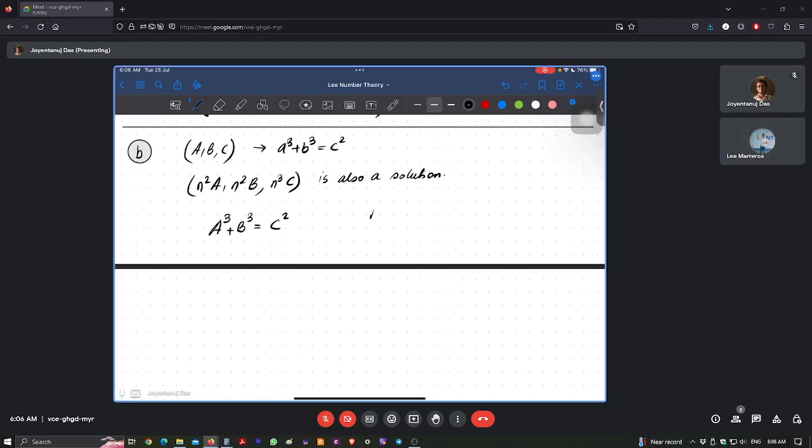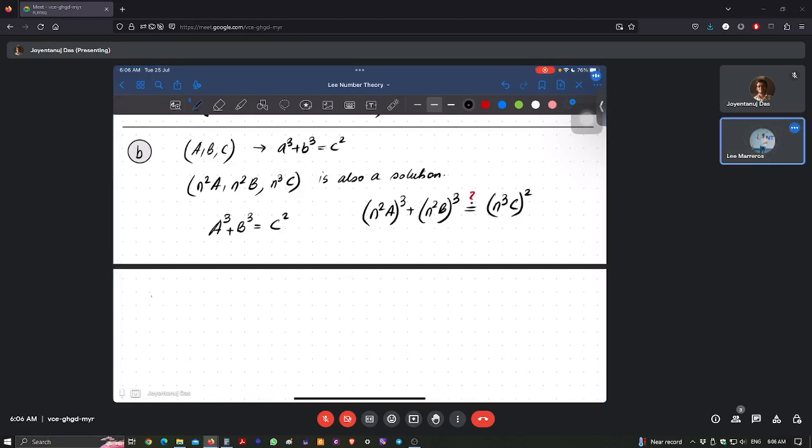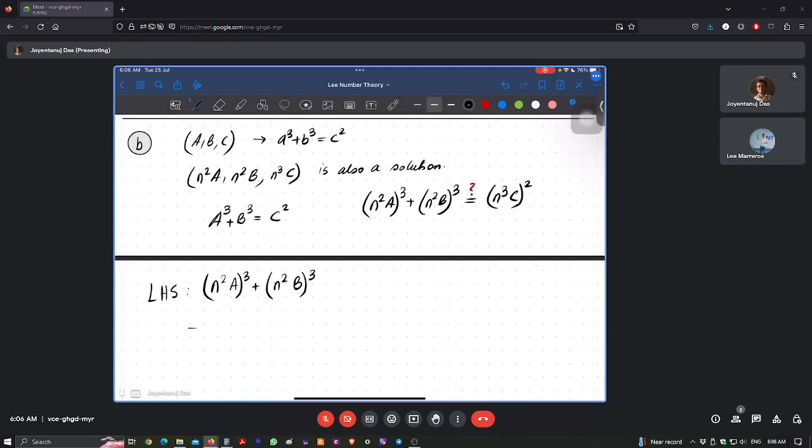So you have to show that n square a whole cube plus n square b whole cube equals n cube c whole square. You have to show whether it is equal or not, right? If I start with the left hand side, this is equal to n to the 6 times a cube plus b cube.